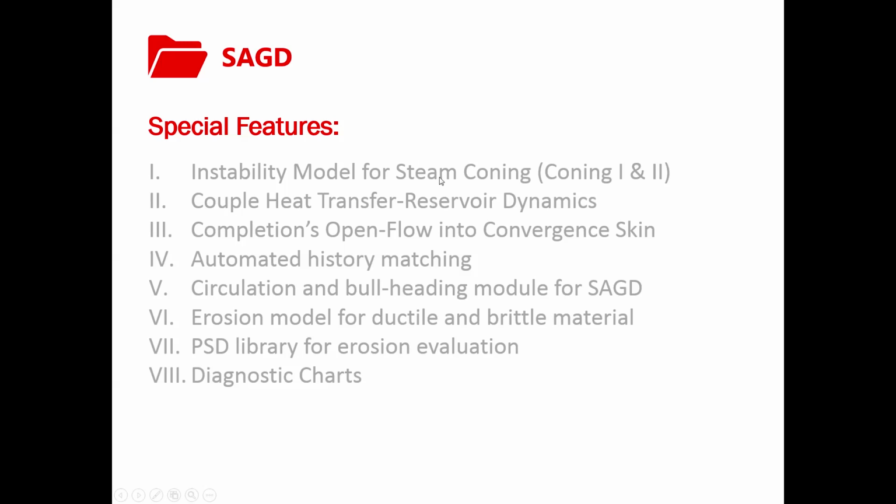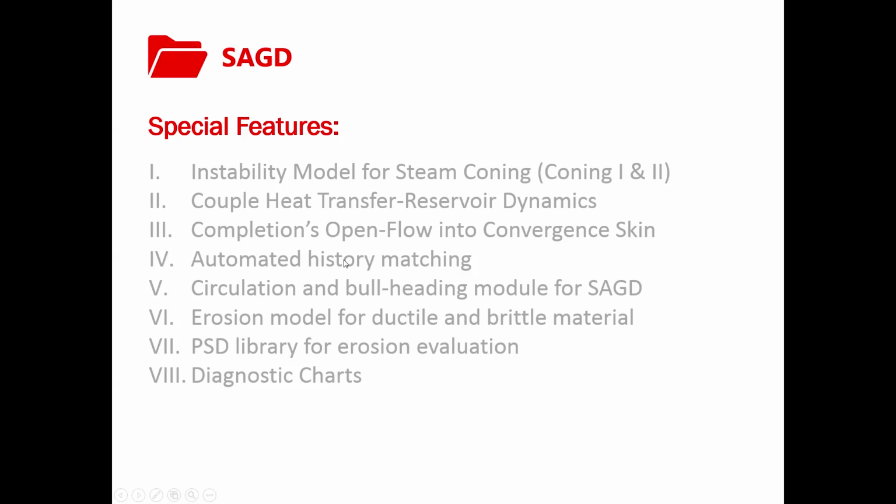It models for instability. So the model Conin 1 and Conin 2 is based on the flashing and instability happening. So it's instability modeling. It honors the heat transfer and reservoir dynamics. It models the open flow of the completions and the convergence skin.